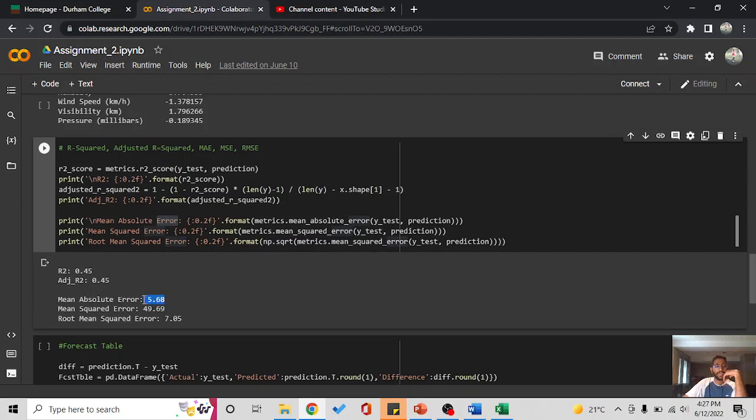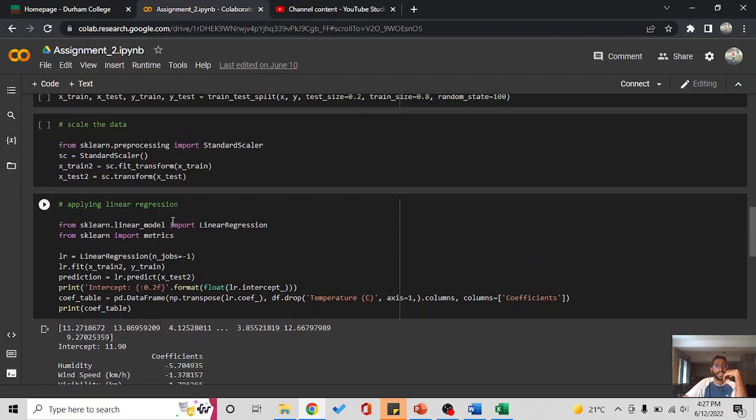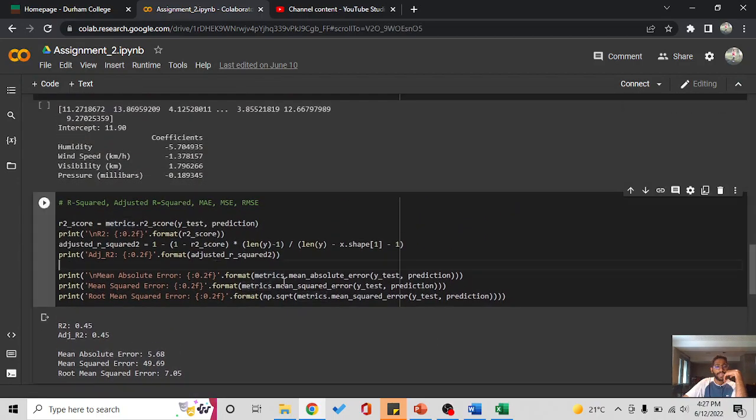Mean absolute error is an error metric. By the way, this is where we use the metrics package that we had imported over here. The metrics package offers all these functions to directly check the r square score, the mean absolute error, the mean squared error, and the root mean squared error, which has a square root.